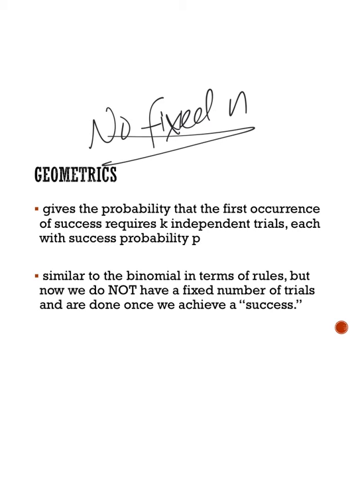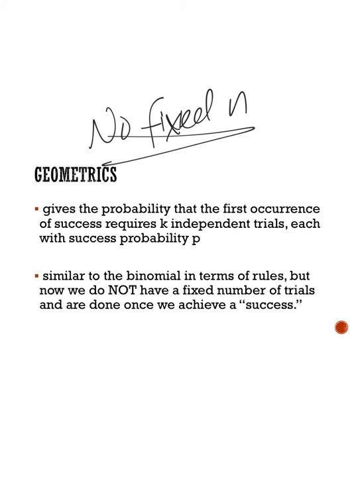So the difference with the geometric is the trials are independent. We would still use replacement if we were picking cards out of a deck. There's a success and a fail, just like a binomial, we just don't have that fixed number of trials anymore.